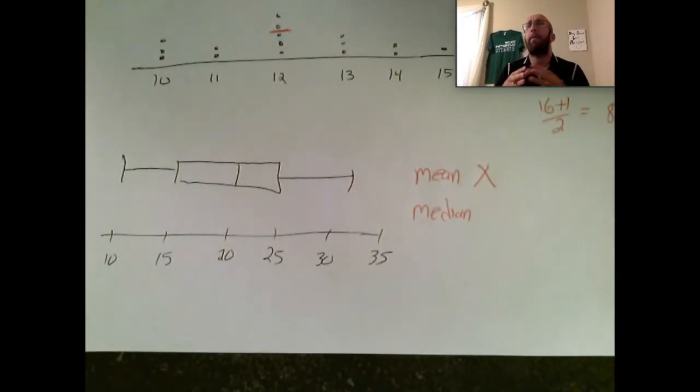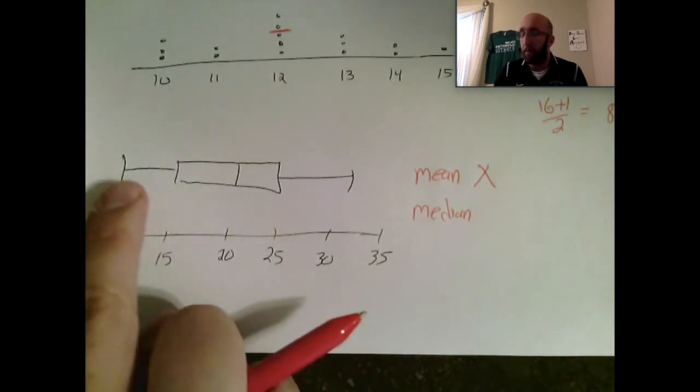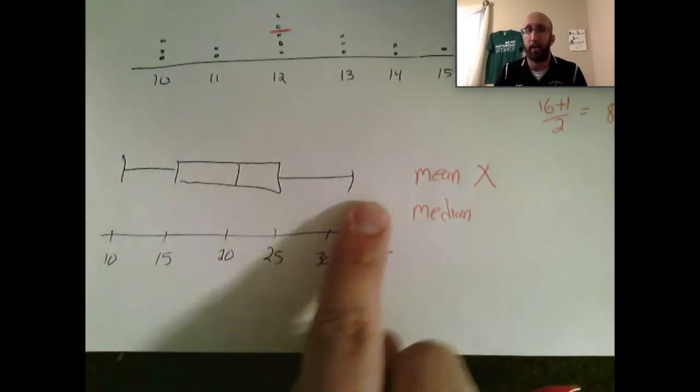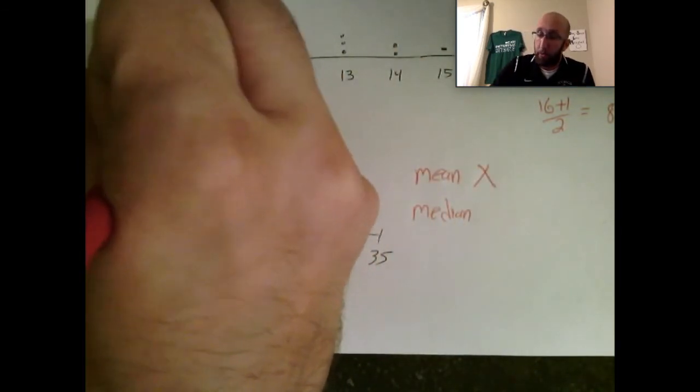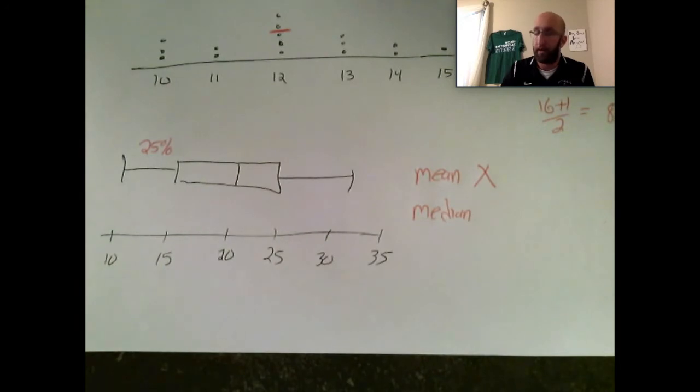But then when you think about median, you need to know how many total data points there are. But with a box and whisker plot, there's two things to kind of think about here. One thing you also don't know is what's the total amount of data points there are here. All I know is percentages of data. I know 25% of my data falls in that little section right here from my minimum to my Q1.